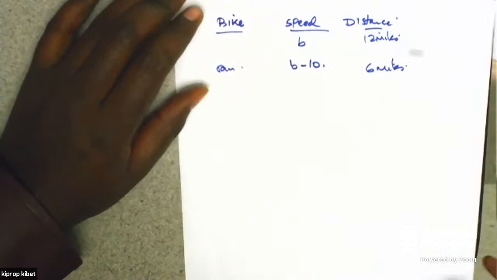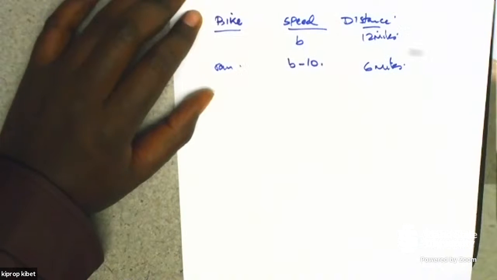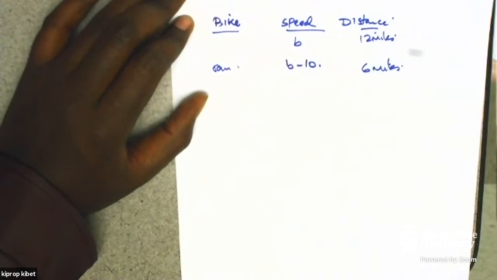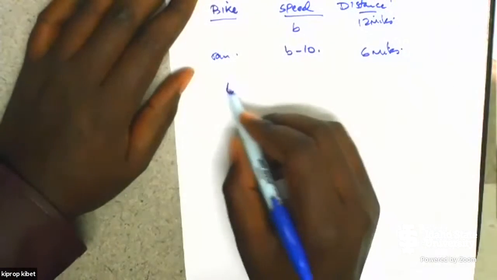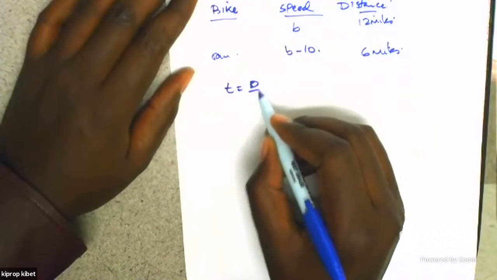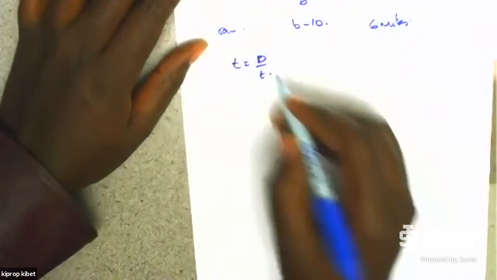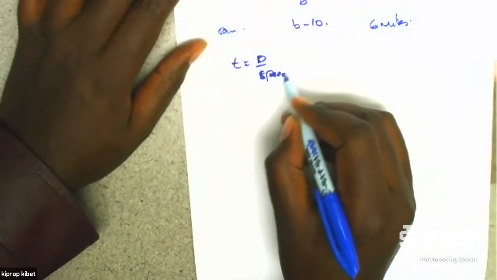Now here, this lady will cover both the distance in 2 hours, biking and running. So therefore, we know that time equals distance over speed.